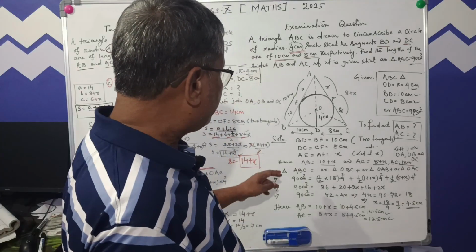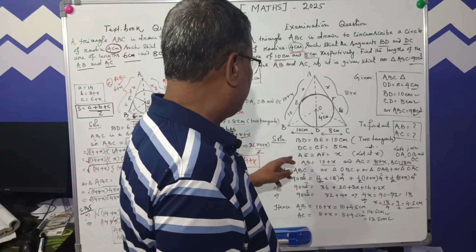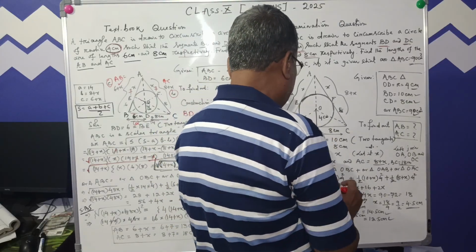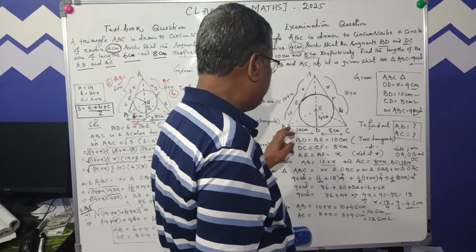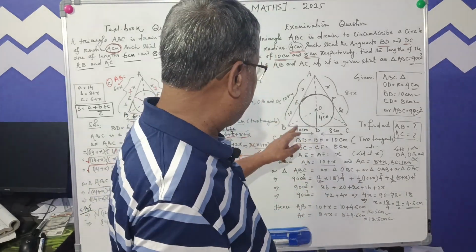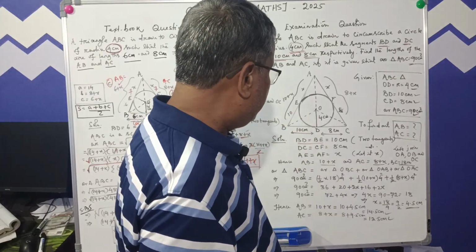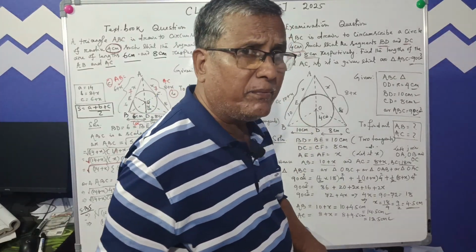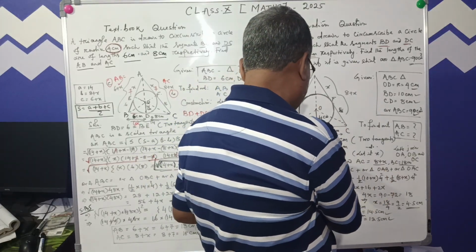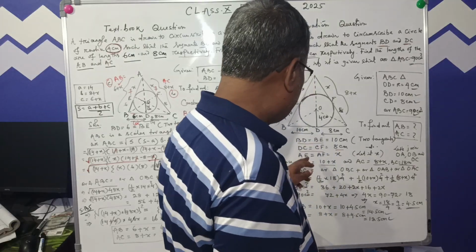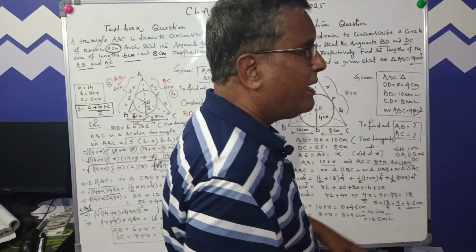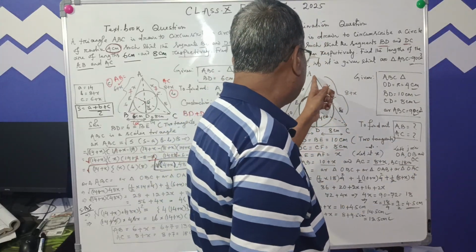Now you see, BD is equal to BE. We have mentioned here because B is an external point and BD and BE are two tangents, and D and E are the points of contact. So 10 cm. Similarly, DC is equal to CF, 8 cm, and let AE is equal to AF, as per the same logic because A is an external point.